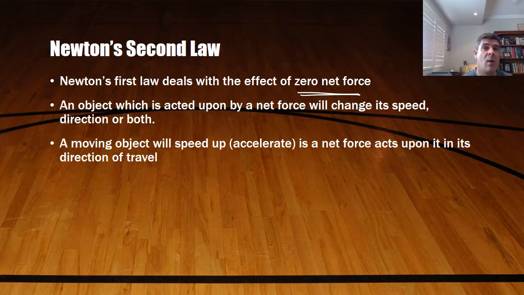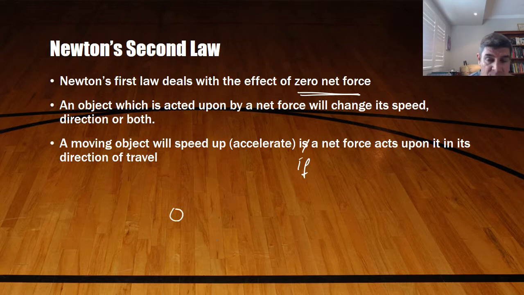And when we work out the magnitude, the size, and the direction of that force, we can also work out the acceleration on the object, how its motion is going to change as a consequence. Moving objects will speed up or accelerate if the net force acts upon them in the direction of travel.